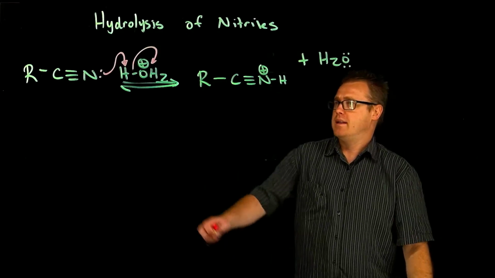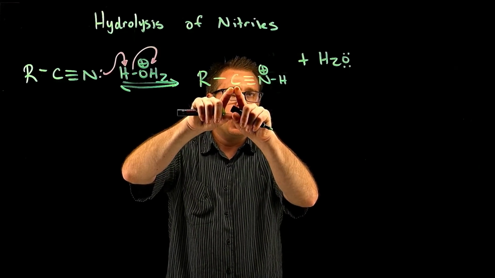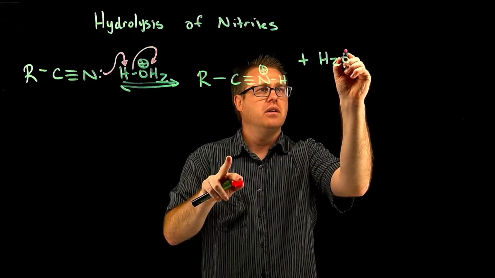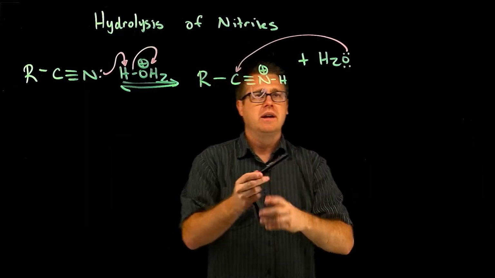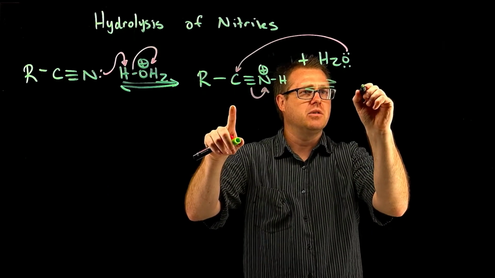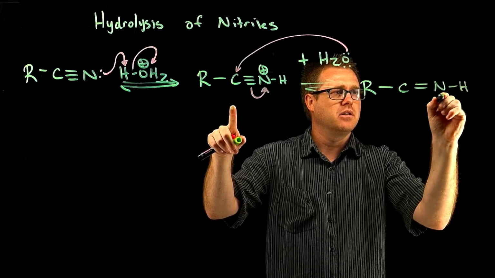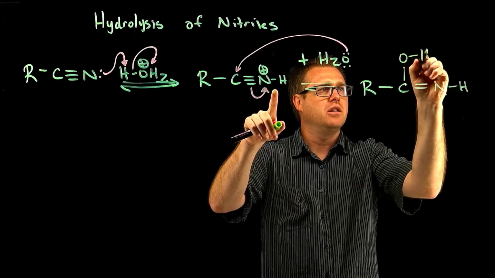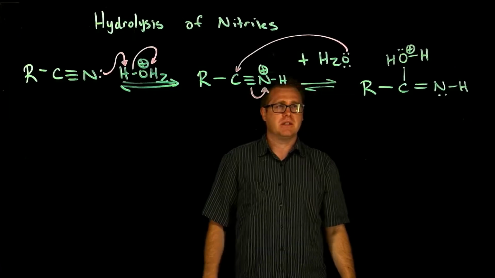And now what that has done, it has activated this carbon, because now the water can attack that carbon like so. And every step of this process is reversible. So now what do we have? We have carbon, double bond nitrogen, the lone pair, and then we attached some oxygen, just like that.